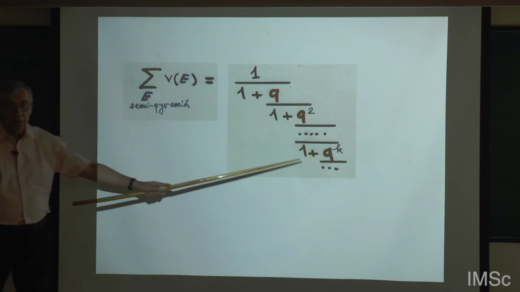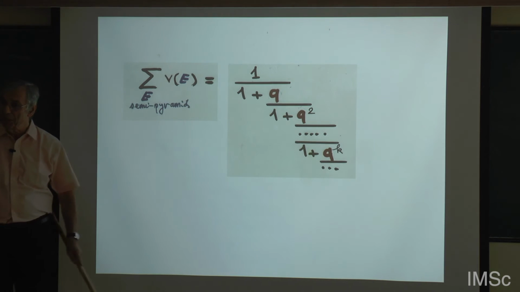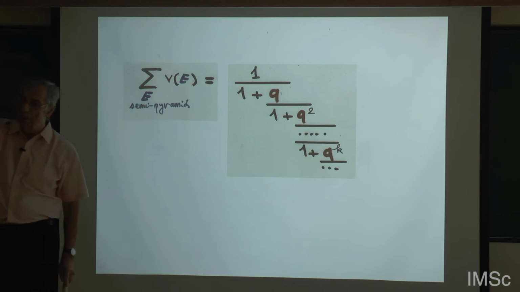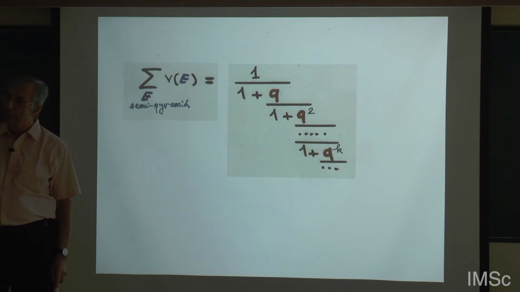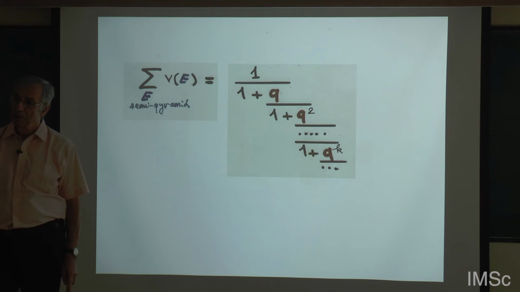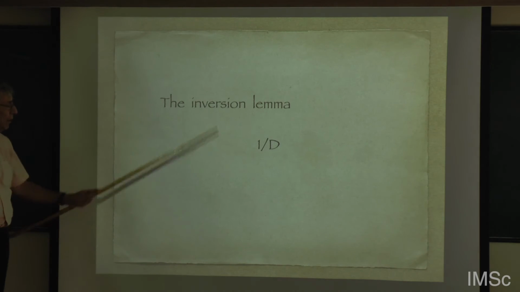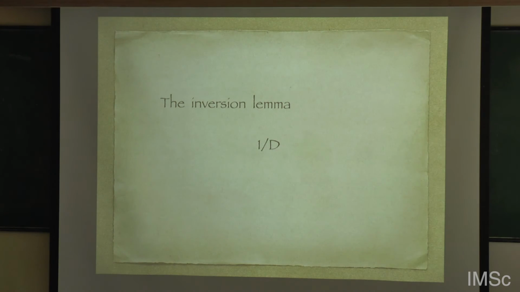So now I have to prove that this continued fraction is equal to the numerator divided by denominator, the left-hand side of the Rogers-Ramanujan identity. Now I need a lemma in the theory of heaps of pieces, the inversion lemma.